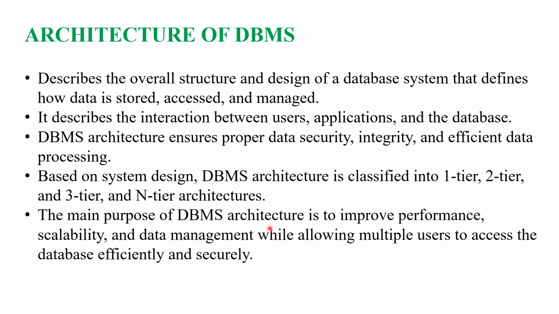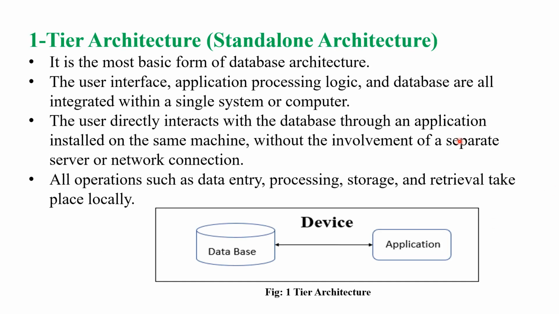So the main purpose of the DBMS architecture is to improve performance, scalability, and data management while allowing multiple users to access the database efficiently and securely. So let us discuss each architecture in detail.